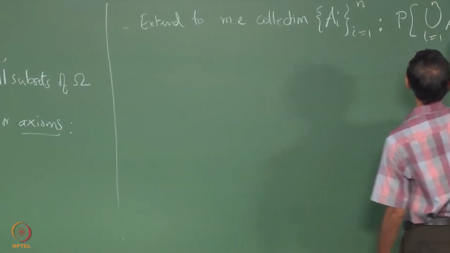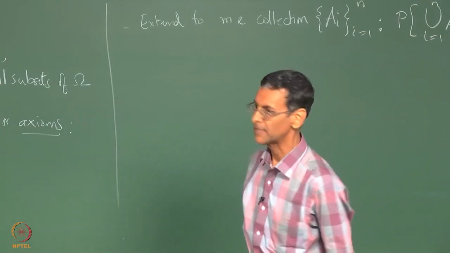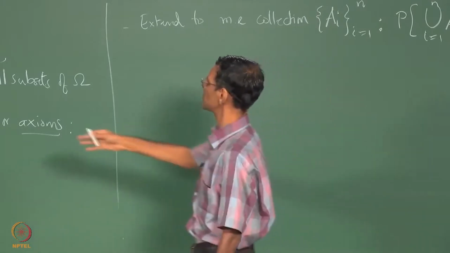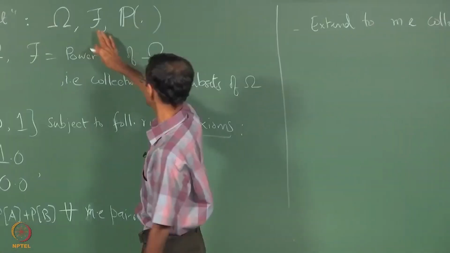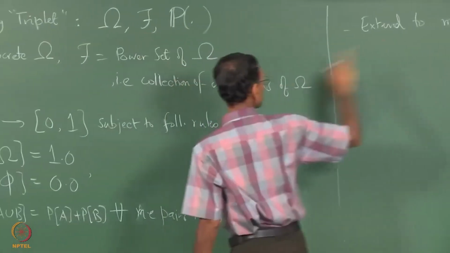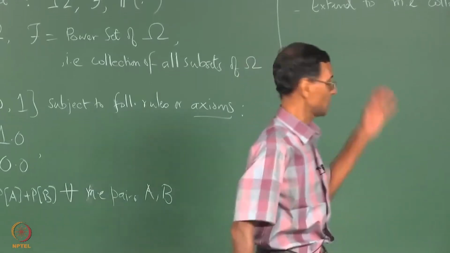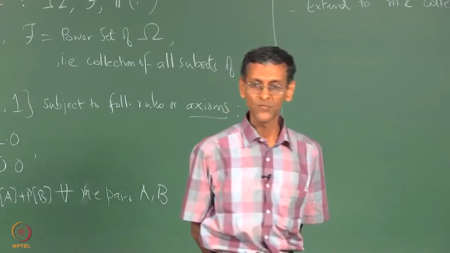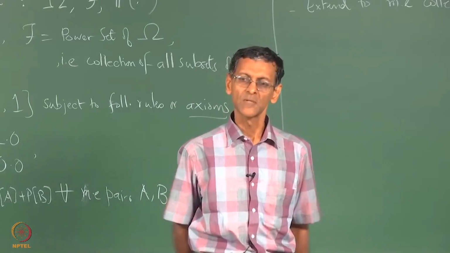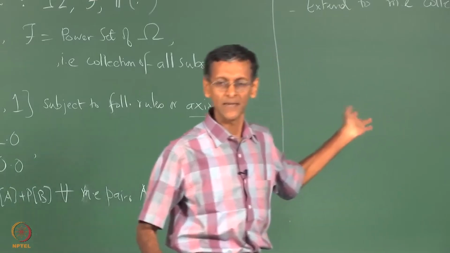This union is also obviously defined, and it is a set in F, because we have said that in F unions have to be members of F. So obviously we have to assign a probability to the union of any collection of sets which are in F. The assumption automatically is that all A_i are in F.